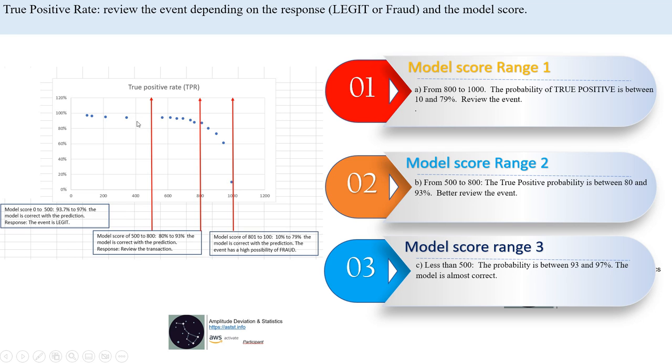For sure, it has a 93 to 97% model accuracy predicting that the transaction is legitimate. So we can classify this event as legit. That's how we classify the response or score that we get from the model when we run the model with a new record.